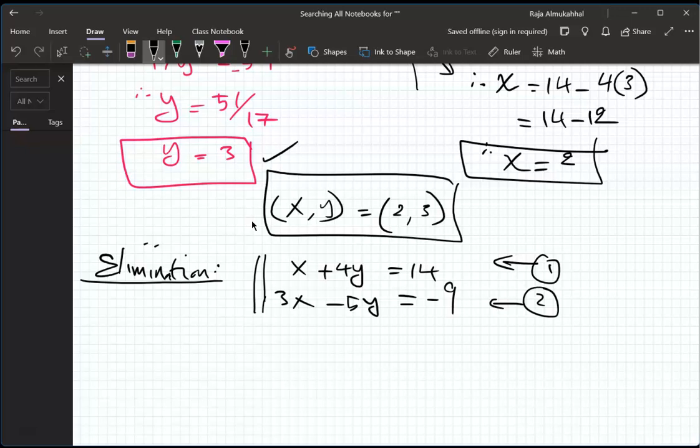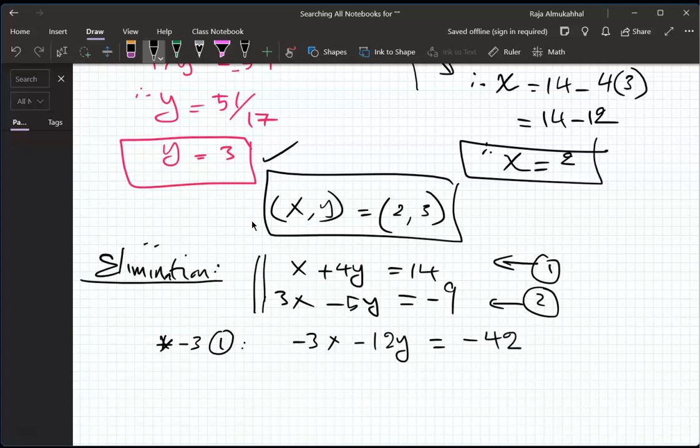For example, you pick equation 1, and you multiply equation 1 by -3. So equation 1 becomes -3x minus 12y equals -42. You see what I'm saying?